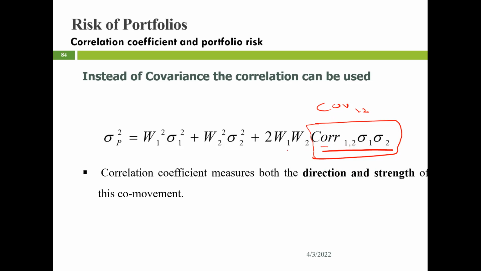So now we are going to calculate the correlation coefficient for these two stocks in our example. Again, if you look at this bullet, you can see the difference between the covariance and the correlation coefficient. Covariance just gives the direction of the relationship, the direction of the co-movement. But the correlation coefficient gives you direction as well as strength of their co-movement.